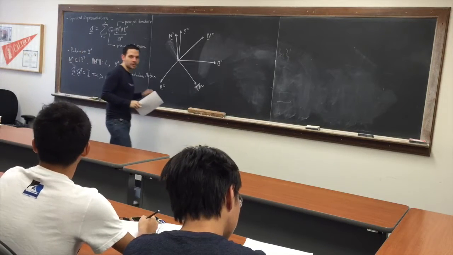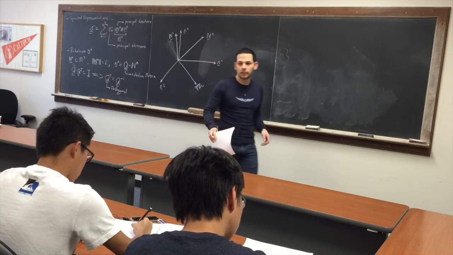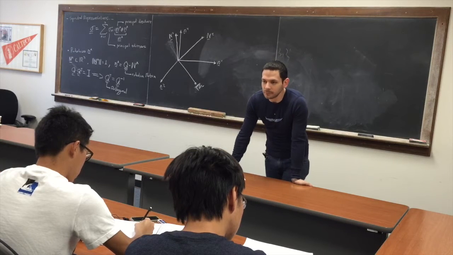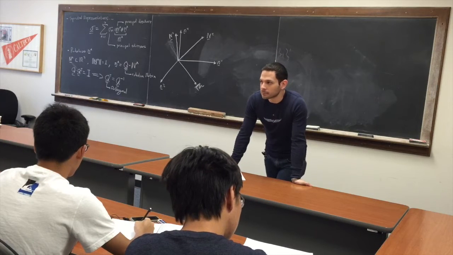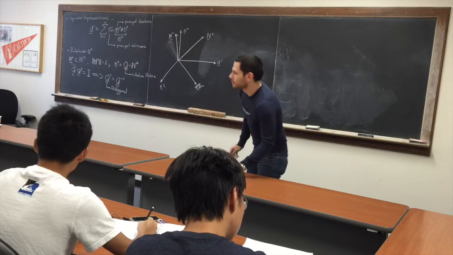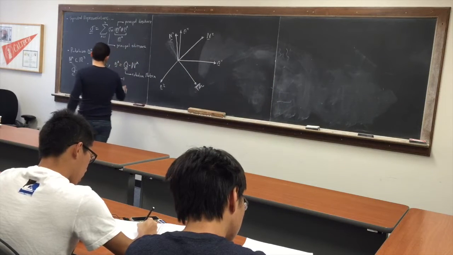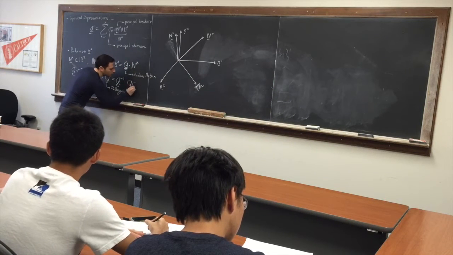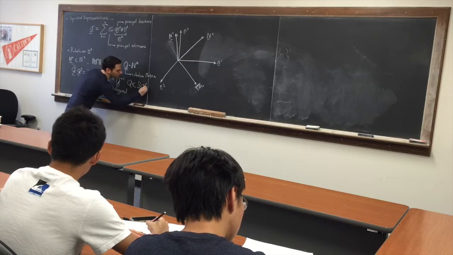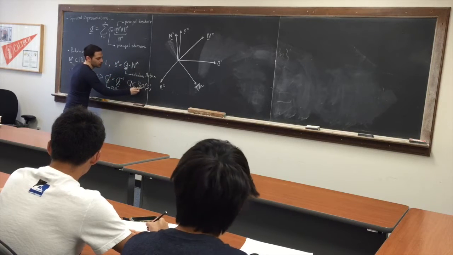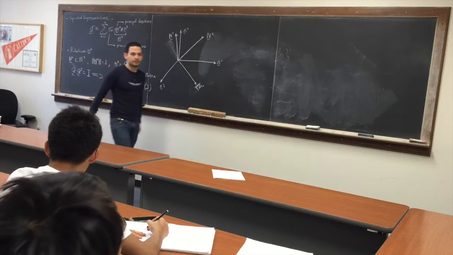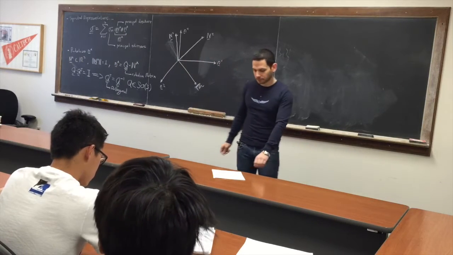And these orthogonal matrices belong in 3D to what family? SO3. Exactly. So they belong to the group SO3, which is the special orthogonal group in 3 dimensions.